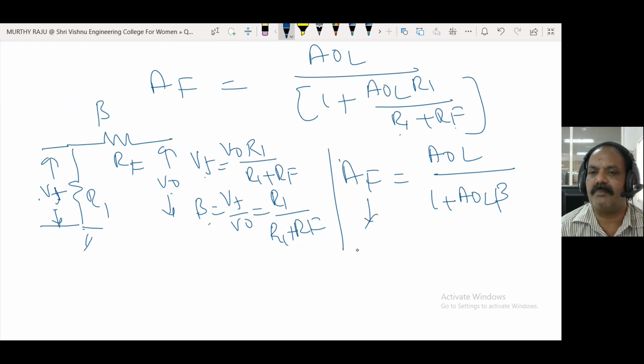The closed loop gain of the non-inverting operational amplifier is decreased by a factor 1 plus AOL into beta.